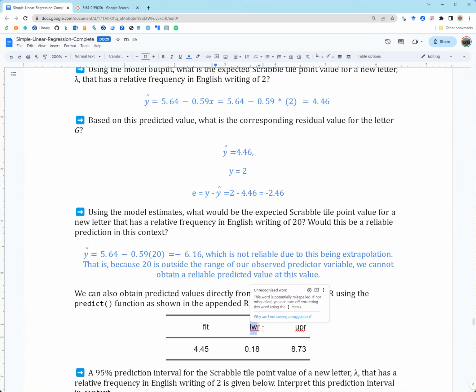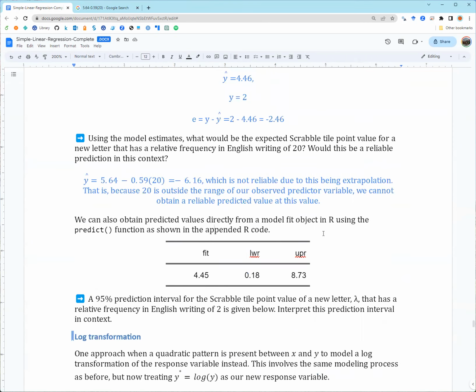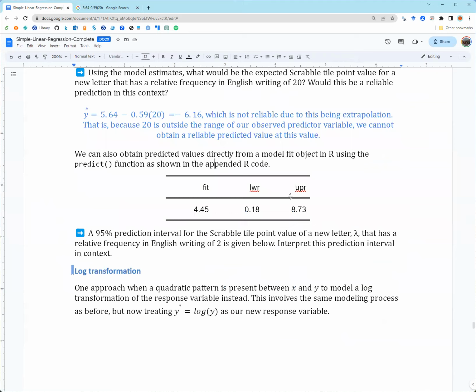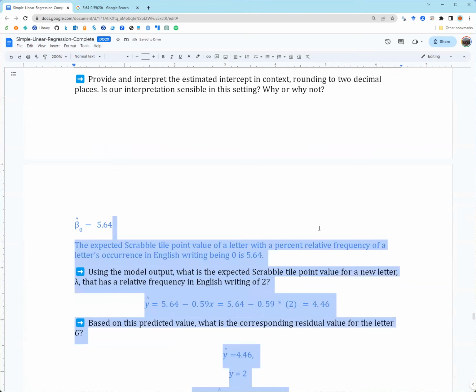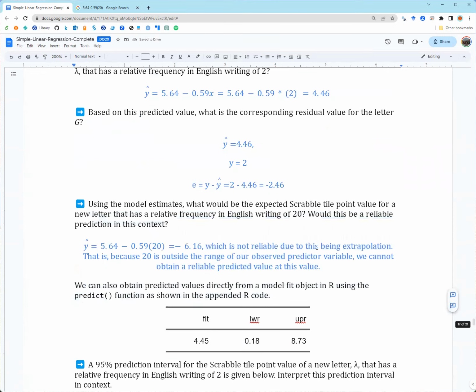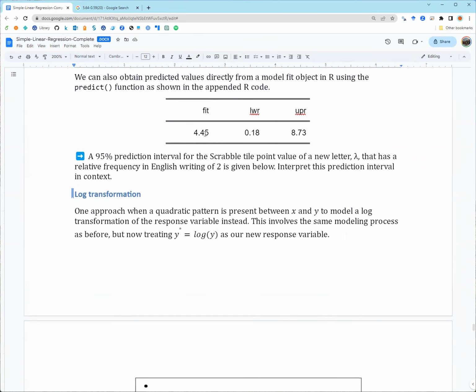And then here is a lower bound and an upper bound, in this case for a 95% prediction interval. It's given below, so you'll probably see the table below.